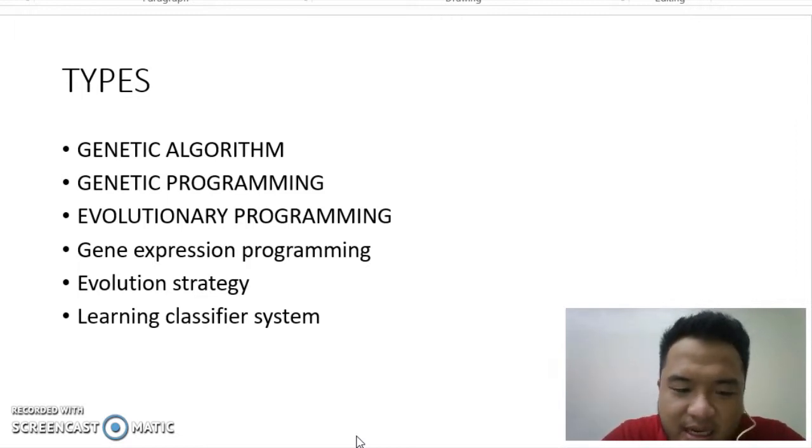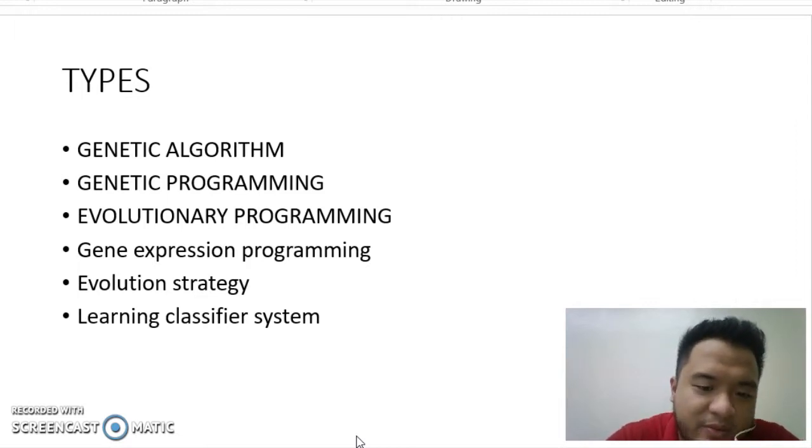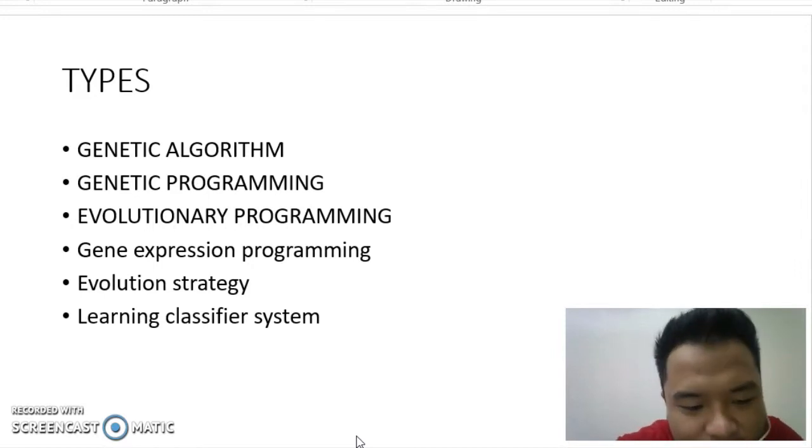Next is gene expression programming. Like genetic programming, GEP also involves computer programs, but it explores a genotype-phenotype system.